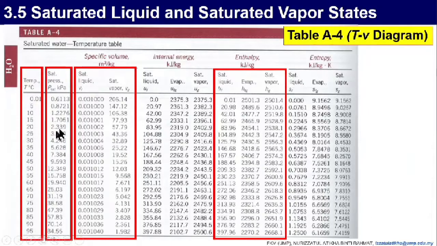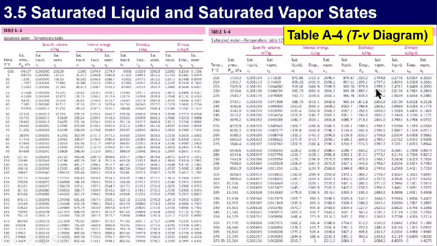All right, so this is the example of the TV diagram. Here is the given temperature, saturation pressure, saturated liquid VF, VG, UF, UFG, internal energy, enthalpy, and also entropy. You can refer to this table.